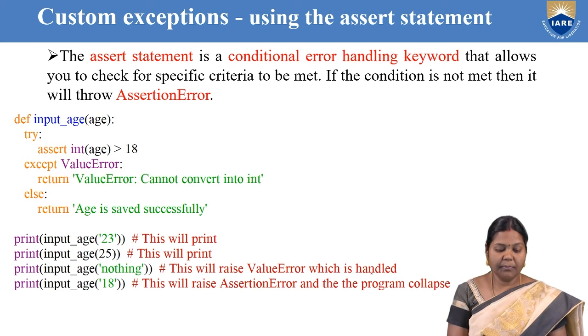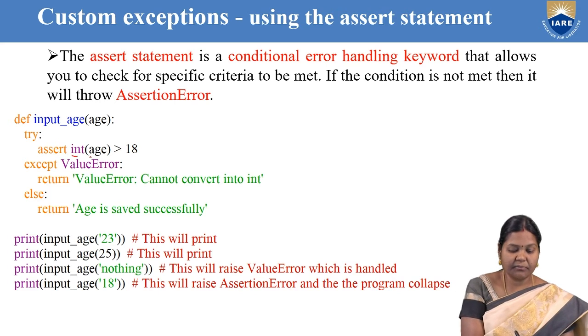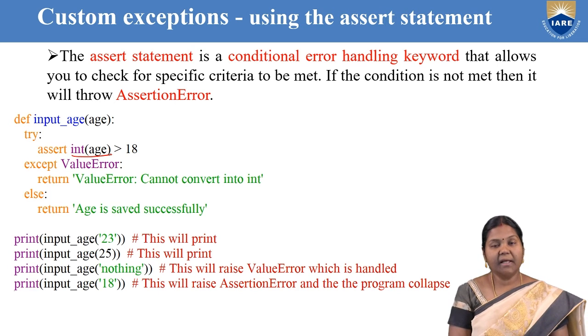For example, in this program, we have defined a function to read the input age, and age is the argument we are passing over here. The age of the person is first converted into an integer, and if the age is greater than 18, then no problem. If the age is less than 18 or any other value which is not a valid age value, then it will throw an error.